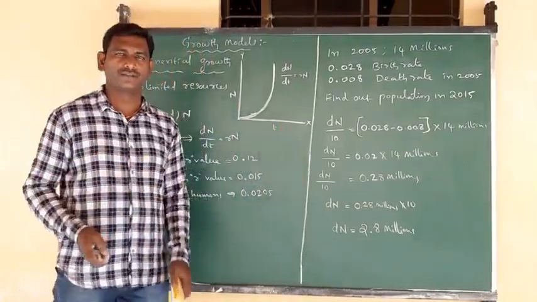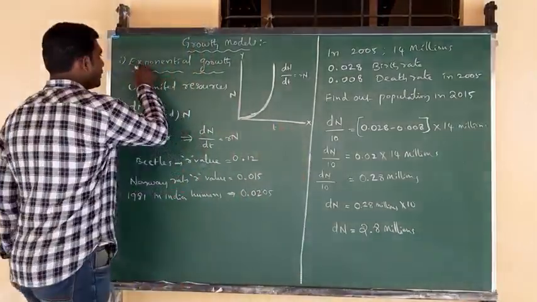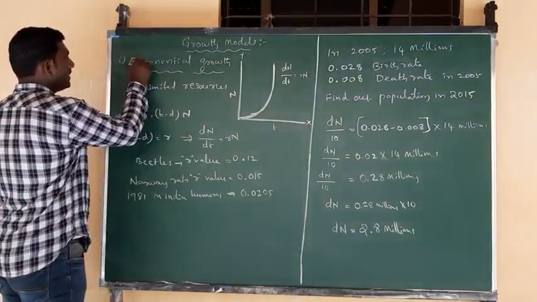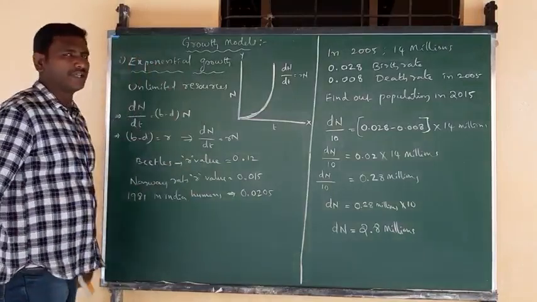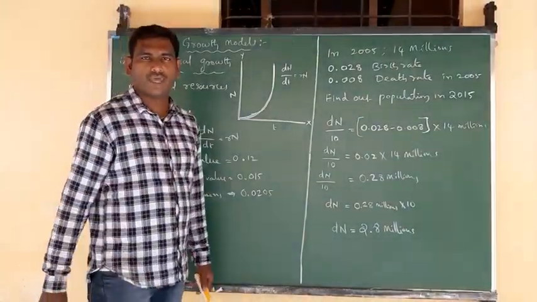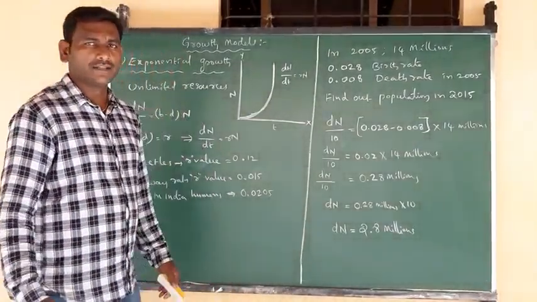What is the difference? Exponential growth is exhibited by organisms whose body sizes are very small, for example bacteria.